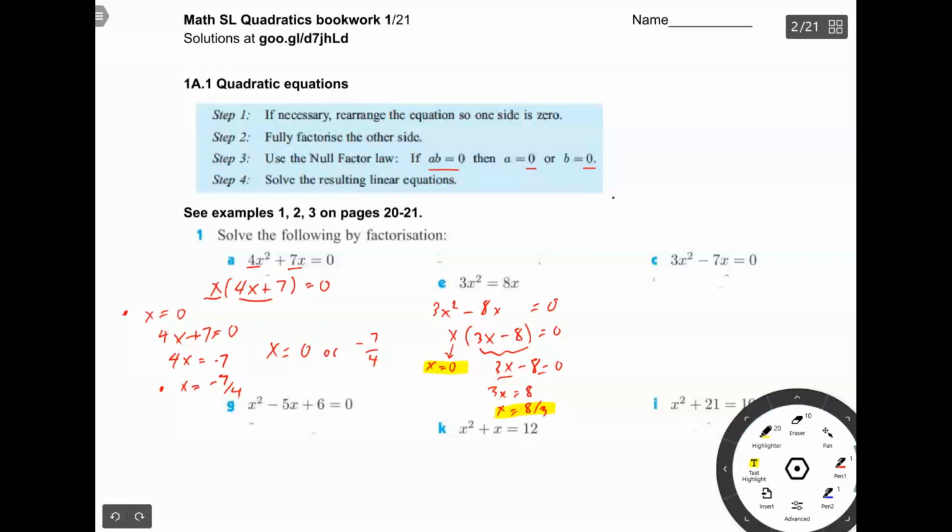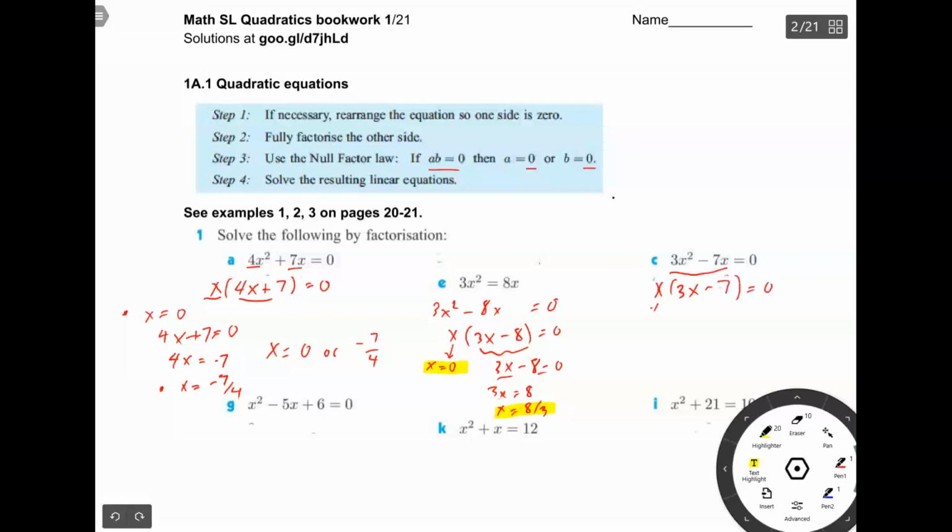Let's do letter C. So for this one, it's already all on the left side. We don't need to collect our terms on the left side. Let's factor out an x out of each, right? Because it's only got 2 terms, and both have x as one of the factors. So we end up with this.